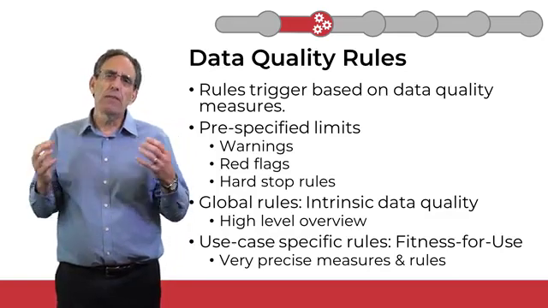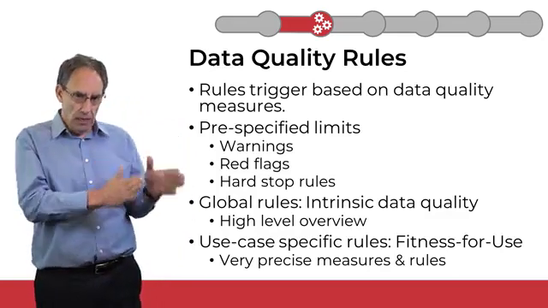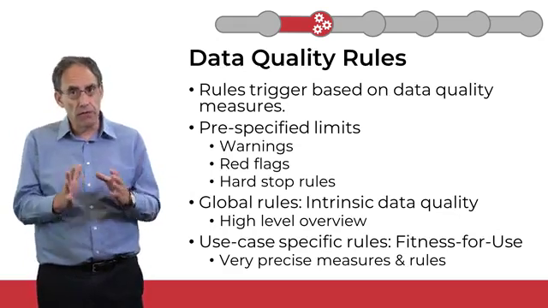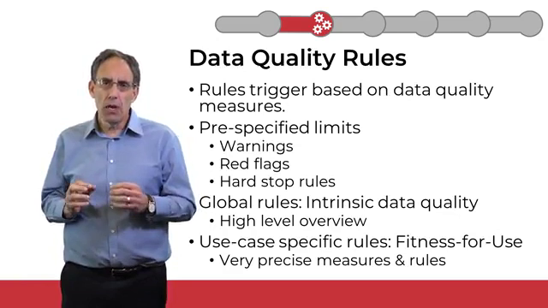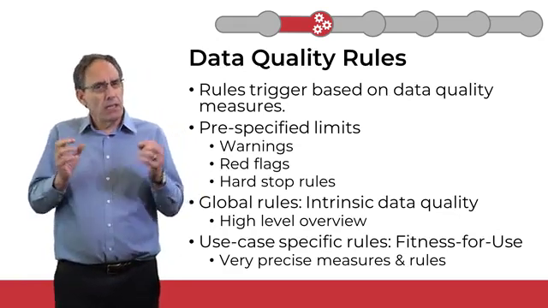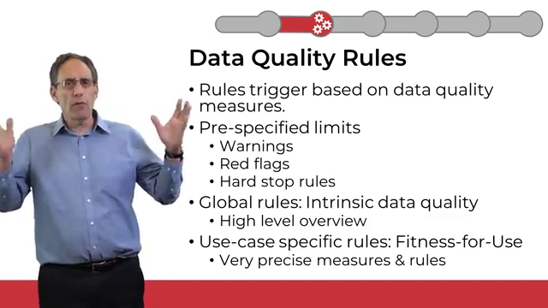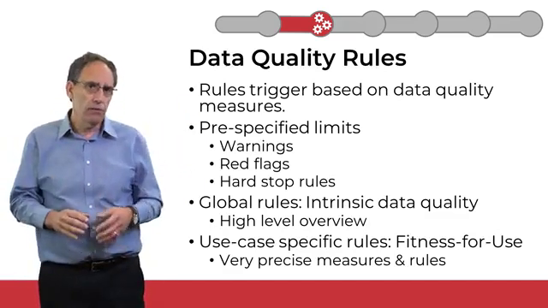There are an infinite number of potential rules that could be written for both intrinsic and especially for fitness for use. Thus, it is important to ensure that the key areas of data quality are examined so that the end user isn't overwhelmed by rule warnings that are not relevant to their needs.